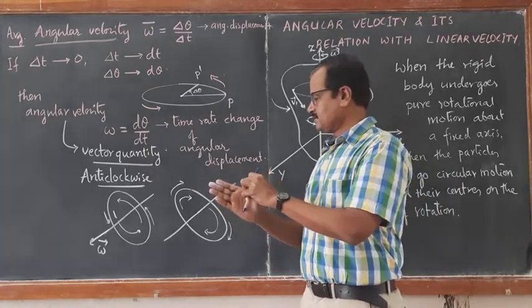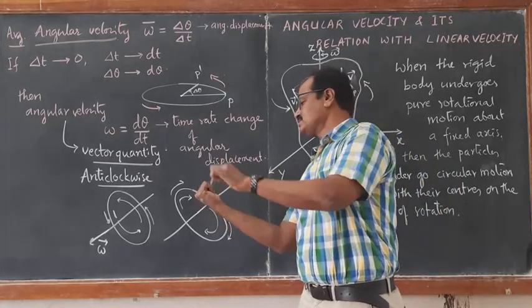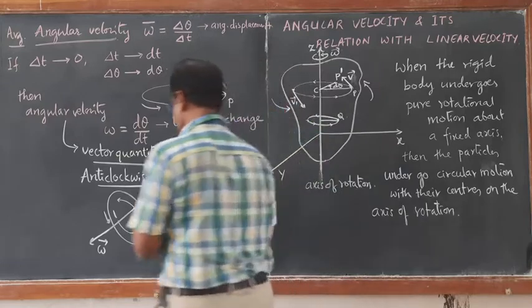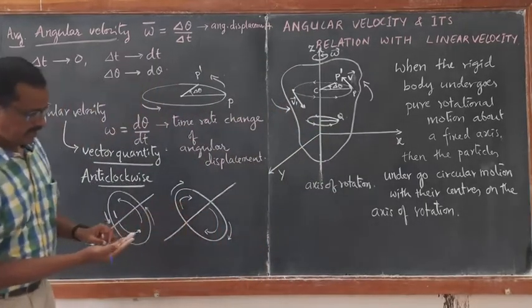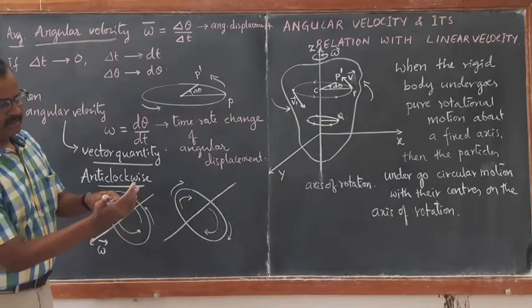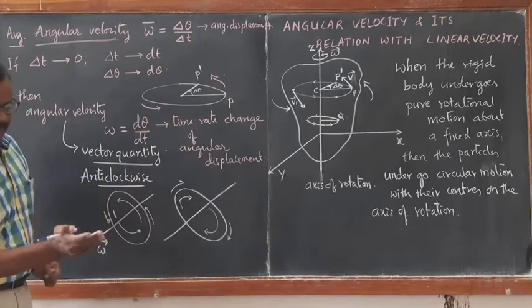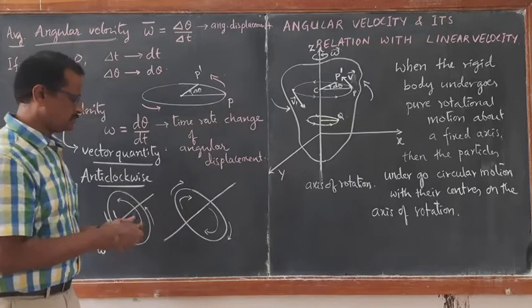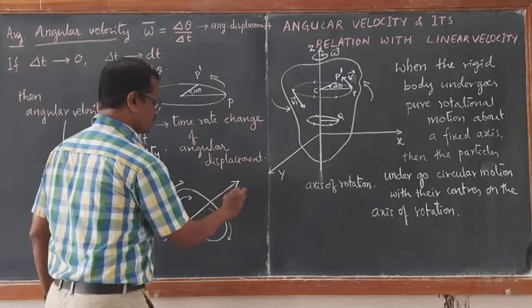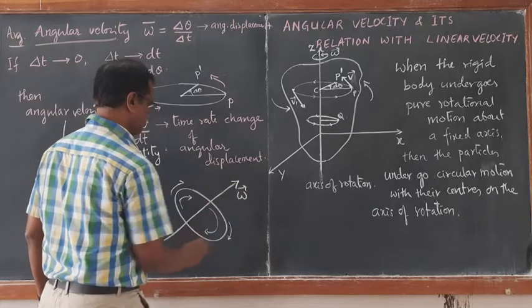In the anti-clockwise sense, the thumb is pointing outwards. Here it is inwards. So this gives us the direction of the omega vector.